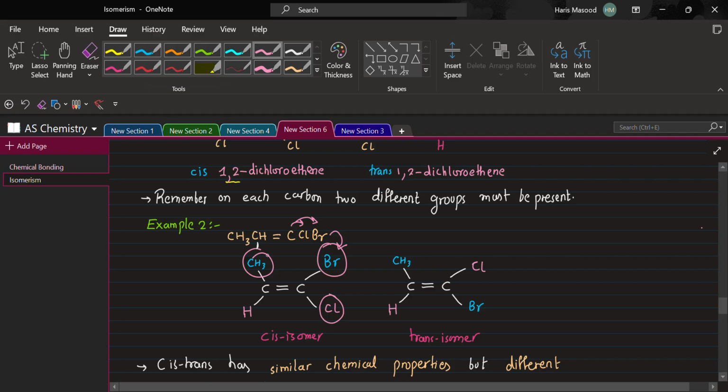But how do you draw the cis? You have to keep the groups with larger Mr on the same side. In this carbon, which one has higher Mr? CH3. In this carbon, which has higher Mr? Br. So we kept them on the same side. And then for the trans, you just have to flip one side, the forward one. Clear?